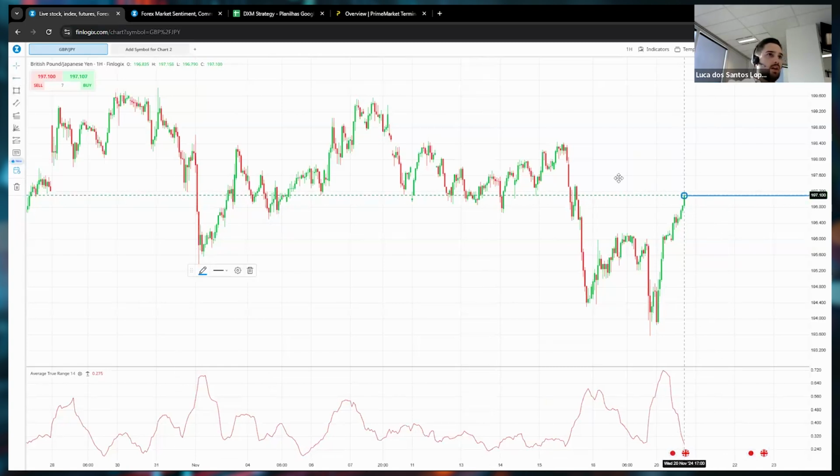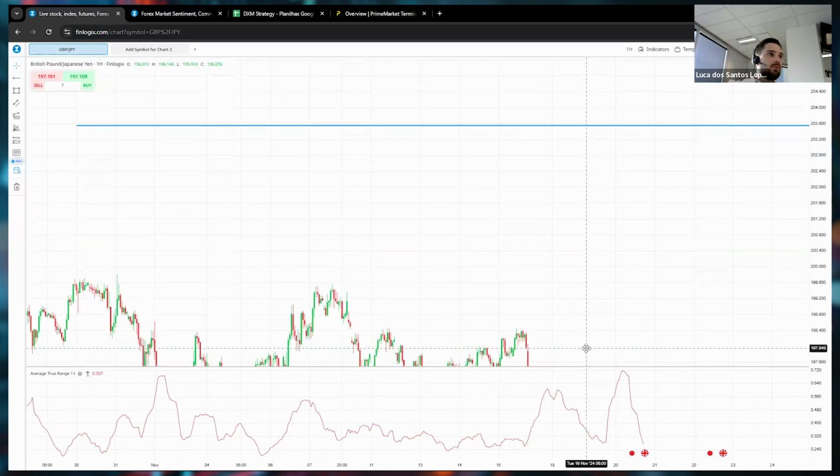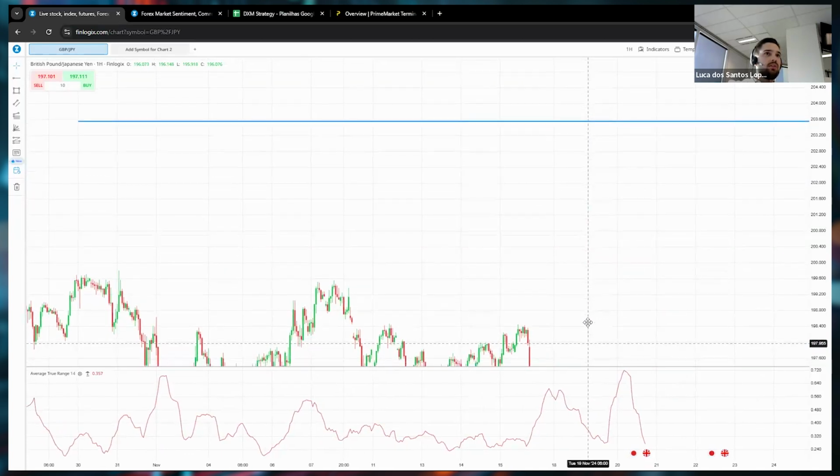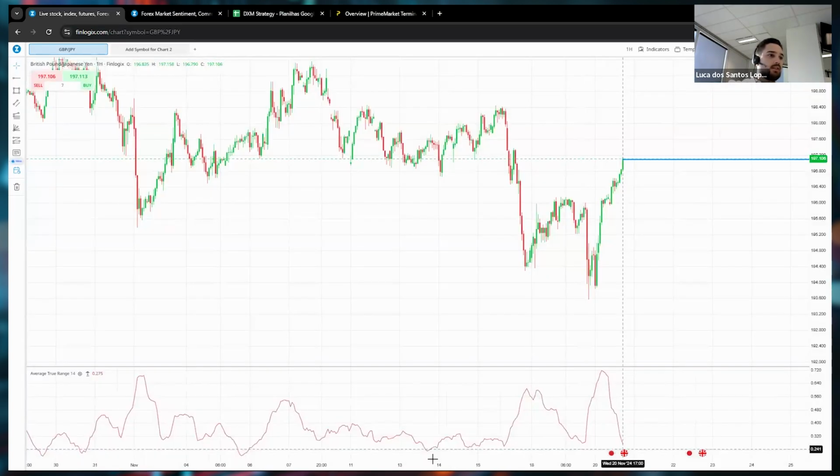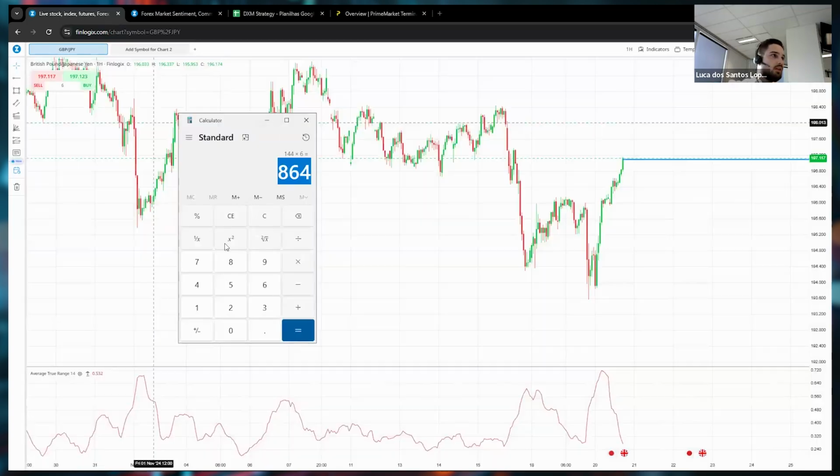So let's say I'm going to buy it here. My take profit will be at 203,600. And my stop loss, let's see, where's my calculator? 405 times 6, 2,430 points, so 243 pips.